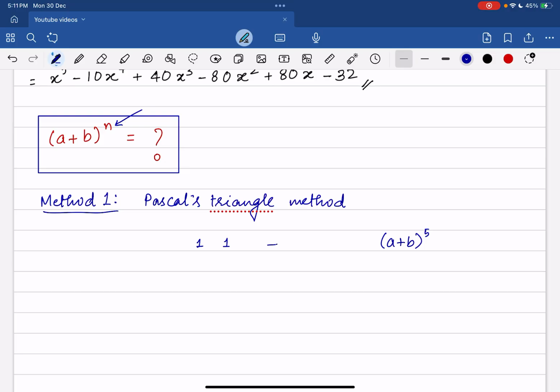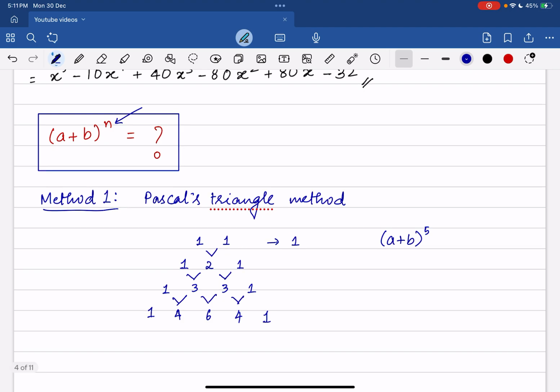So this is for power 1. For power 2, you add them and you get 1, 1. You add them, you get 3. You add them, you get 3 again. That's again 1, 3, 3, 1. You add them, you get 4, that's 6, that's 4, and in the end we have 1.